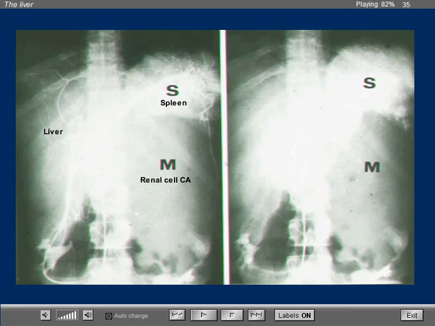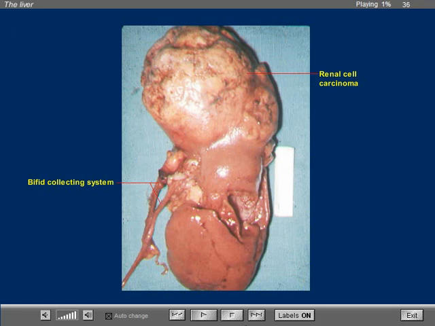The left upper quadrant and left flank mass represented the cancer of the left kidney, and the enlarged right lobe of the liver was not related to metastatic disease. At postmortem examination, a large tumor of the left kidney was confirmed, and it is to be remembered that anomalies of the kidney, particularly of the pelvocalyceal system, are often associated with cancers of the kidney.